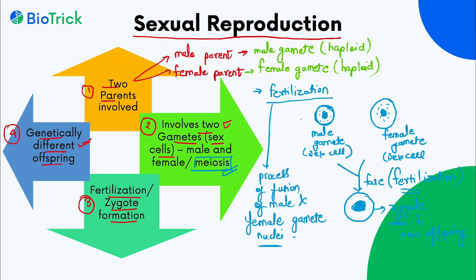Now, if you remember, we have discussed that the male gamete is haploid and the female gamete is also haploid. And the haploid number in humans is 23.